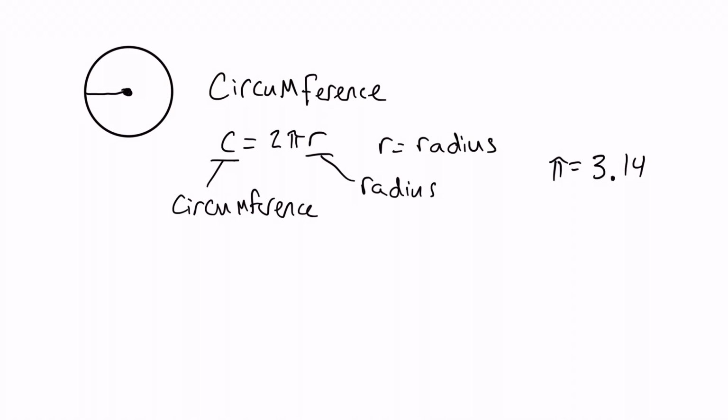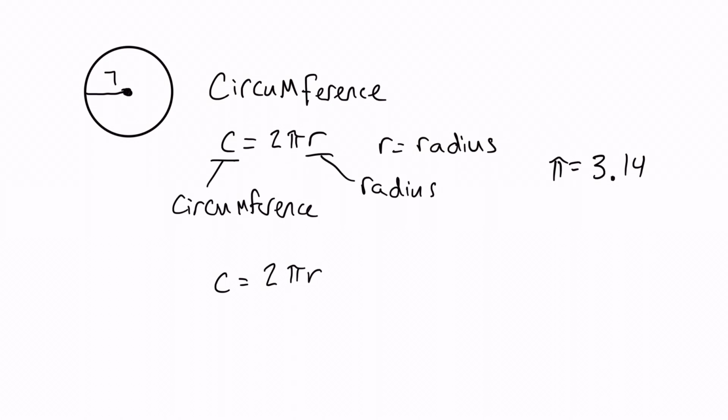So, given a situation where we are given a radius of 7 on a circle, and we are asked to identify the circumference, what we need to do is start with our equation of c equals 2 pi r. c equals 2 times pi times r. And we have all of the necessary information we need. The 2 value is not going to change.